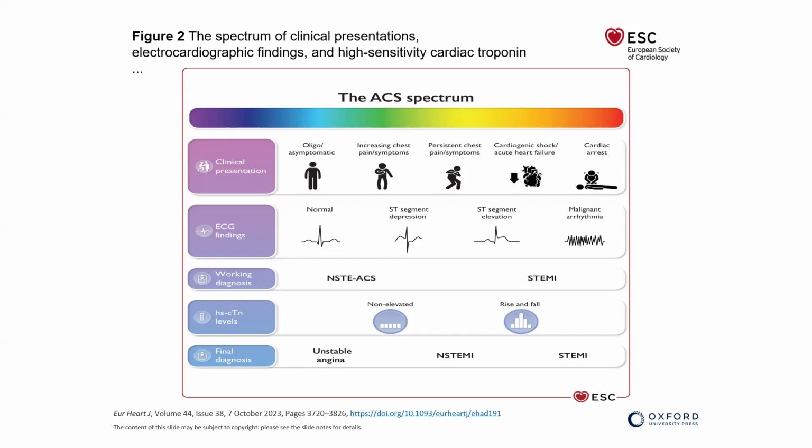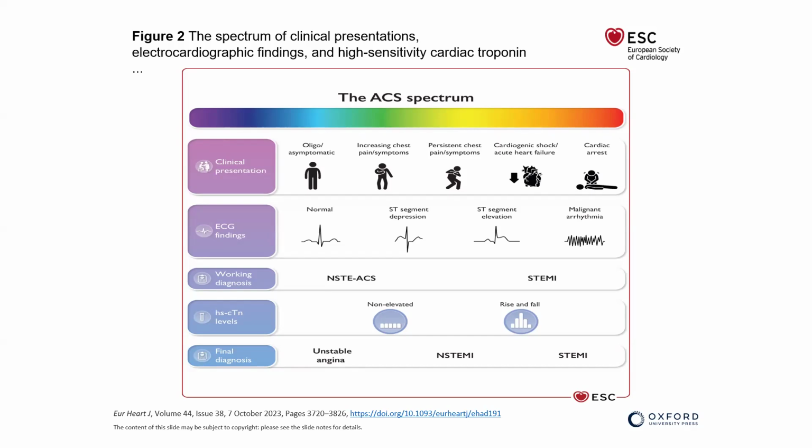What will differentiate the various subtypes of acute coronary syndrome, other than the presentation, is the ECG. If there is no ST elevation, then it falls under a group called non-ST elevation acute coronary syndrome. And if there is ST elevation, then you can say there's STEMI.